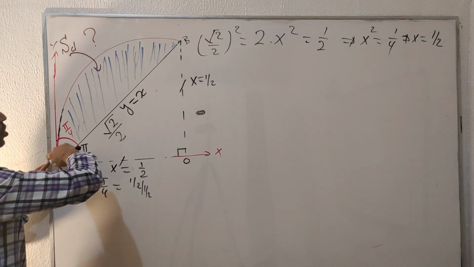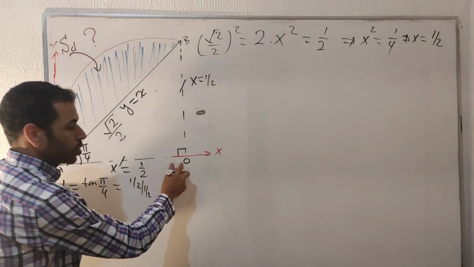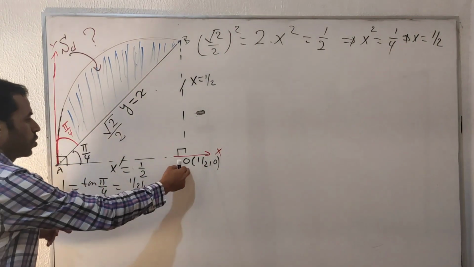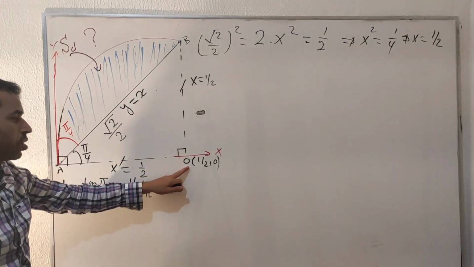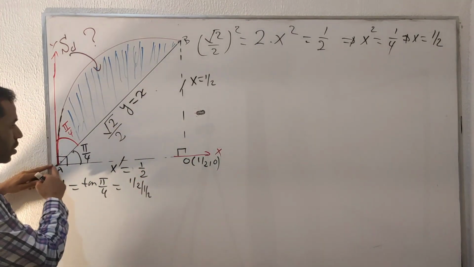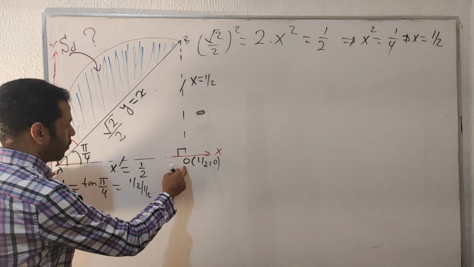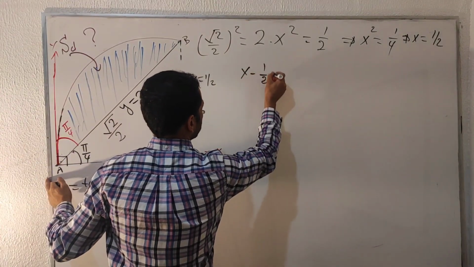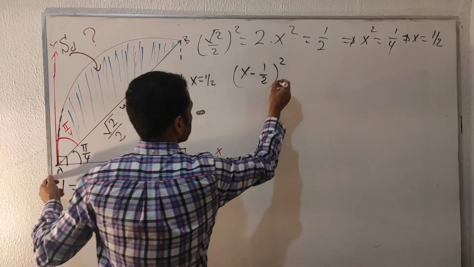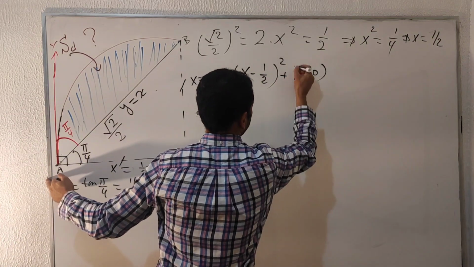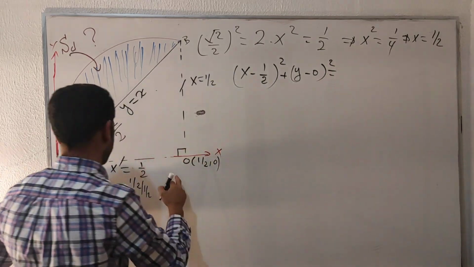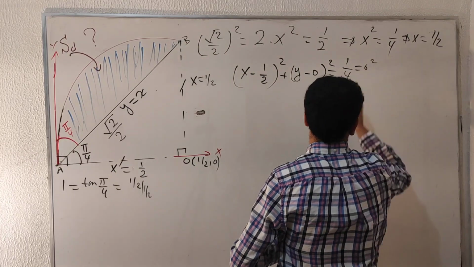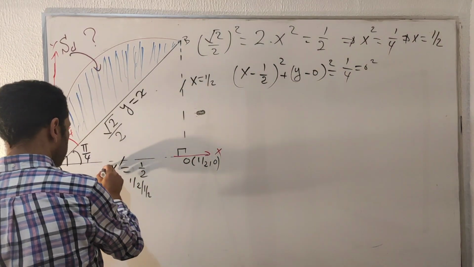I need to determine the equation of the circle. We know this point is half comma 0. The center of this circle is at the point O, and the origin is A, so the distance is half, which means we have x minus half, quantity squared, plus y minus 0, quantity squared, equals the radius squared. The radius is half, so r squared is a quarter.